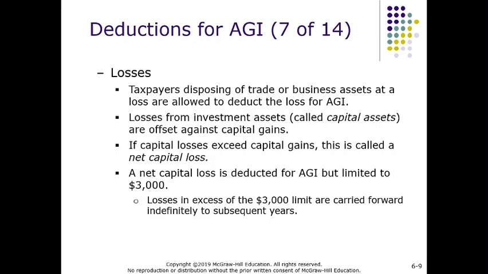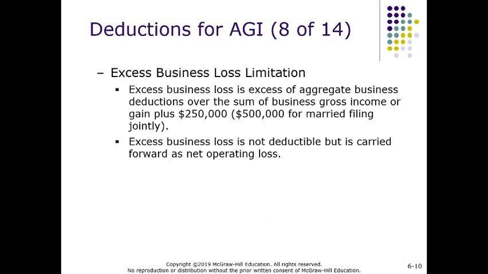Any excess over the $3,000 in net capital loss is carried forward indefinitely to subsequent years and used, again, subject to the $3,000 limitation each year till it's used up.